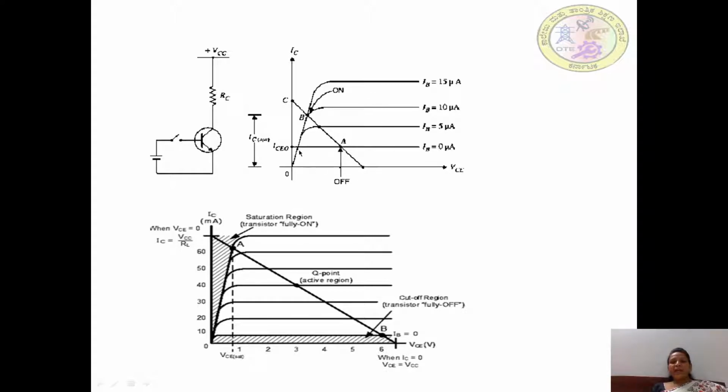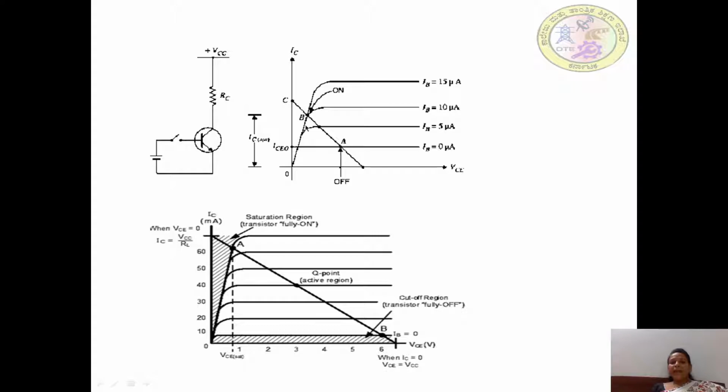So from this characteristics, we can locate all the 3 operating regions of the transistor. The graph for the current IB equal to 0, the line intersecting the DC load line, that point is the off point, that is cutoff point.